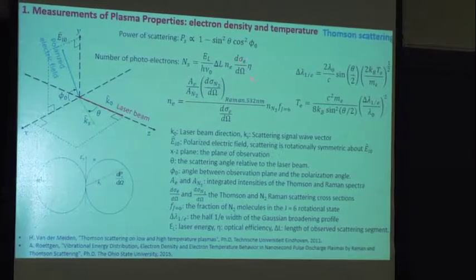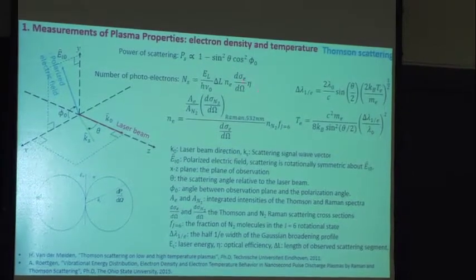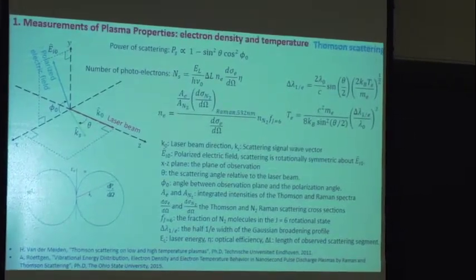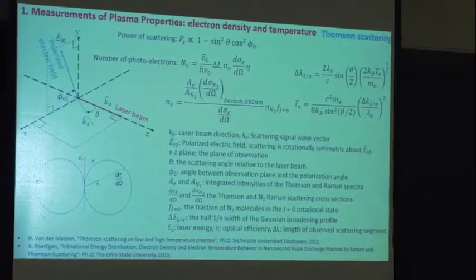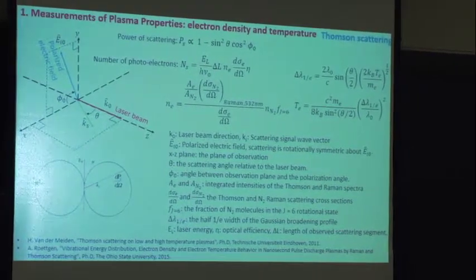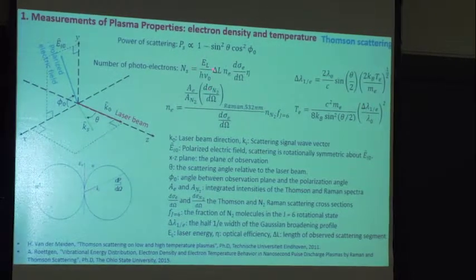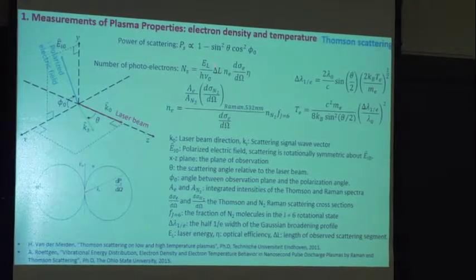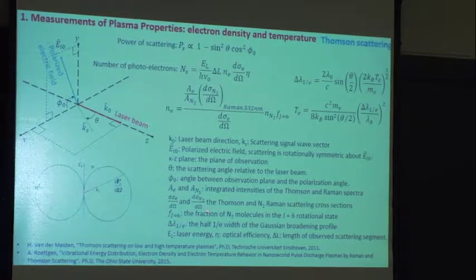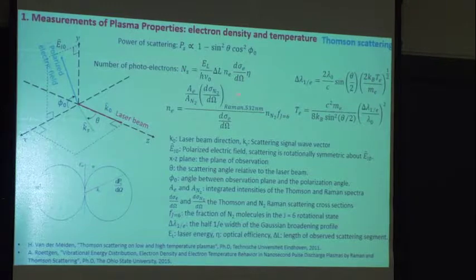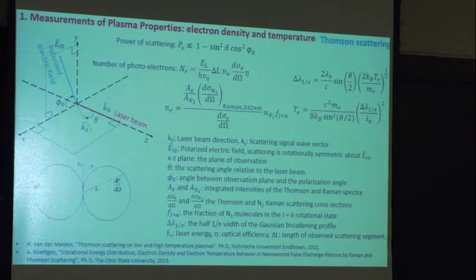And also the photon collection optics, eta, defines how far the objects are and how big your camera is, and then the quantum efficiency is determined here. And this one is normalized by the laser energy. So if you know this, you can measure the scattering signal.